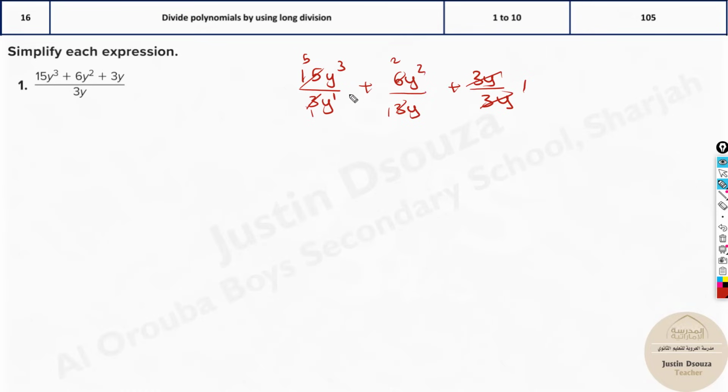If there is nothing, it's 1, isn't it? So 3 minus 1. So we have 5, number 5. y, 3 minus 1 is 2. Plus, we have 2 remaining in the number section and 2 minus 1 is 1, or you can just leave it, plus 1. And that is the answer. Such a simple problem. This is because it was by monomials.